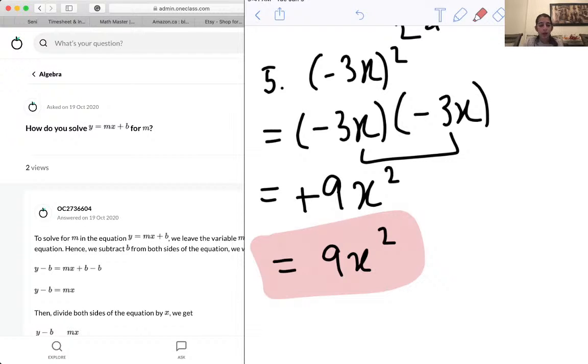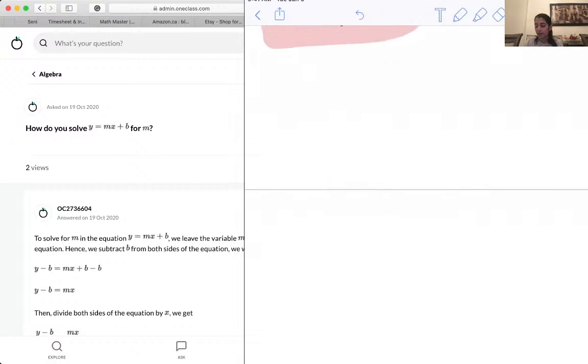How do you solve for y equals mx plus b? If you remember, y equals mx plus b is our equation for a line. They just ask us to isolate for m, which is the slope.